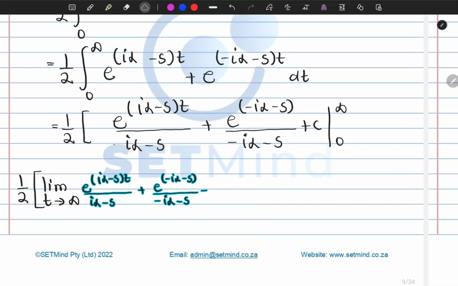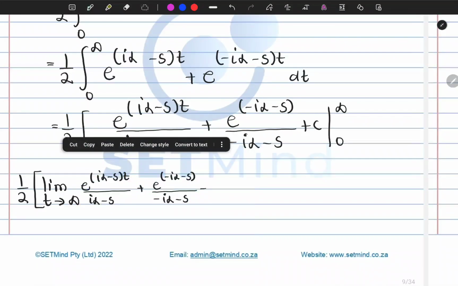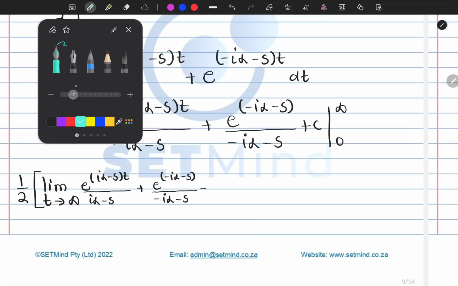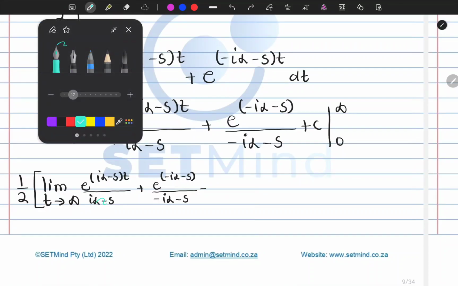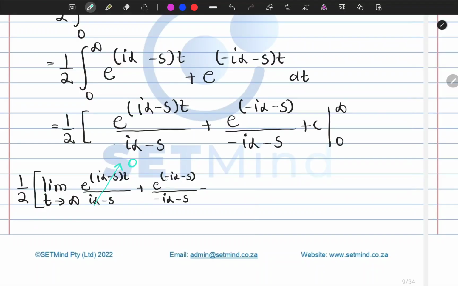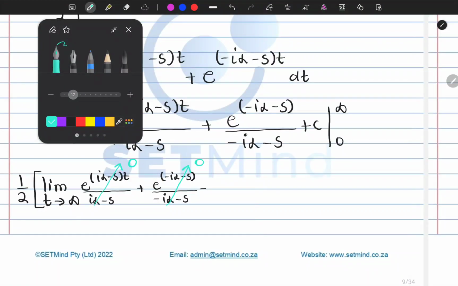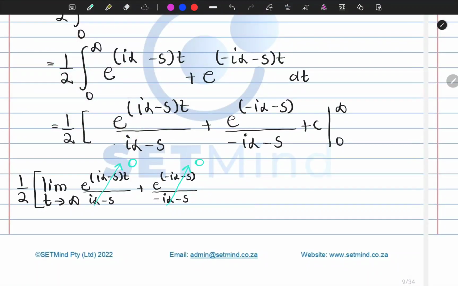Because our t is approaching infinity, and remember we said s will be a positive number, the real part of s, that whole thing will approach 0, and that will also approach 0. I've explained before why that is.